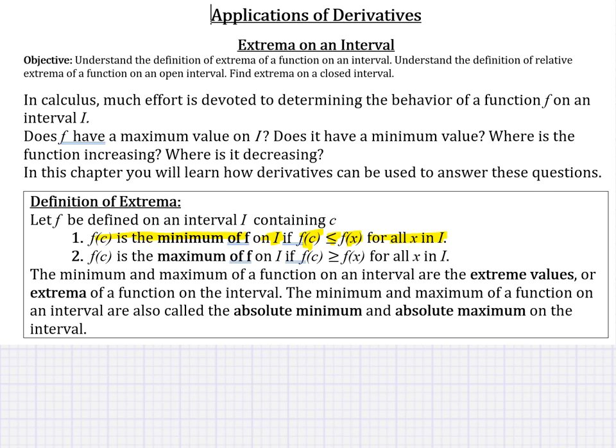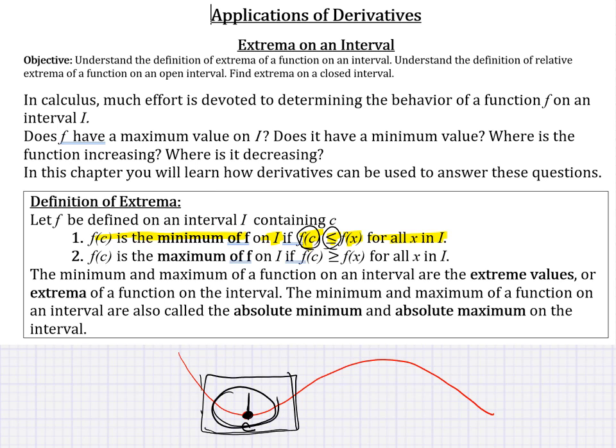If I was to draw a curve and I look at this point right here, on this interval around this point, this y value, f of c, which would be the y value for this particular c value, the y value here is less than all the other y values around it. So when I look to the left and when I look to the right, all the y values on either side are greater than. F of x for all other x's is bigger than this particular one, which would create a minimum.